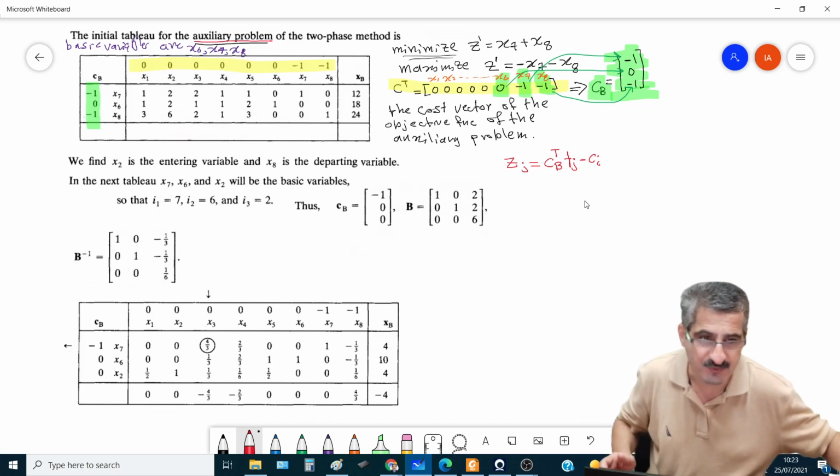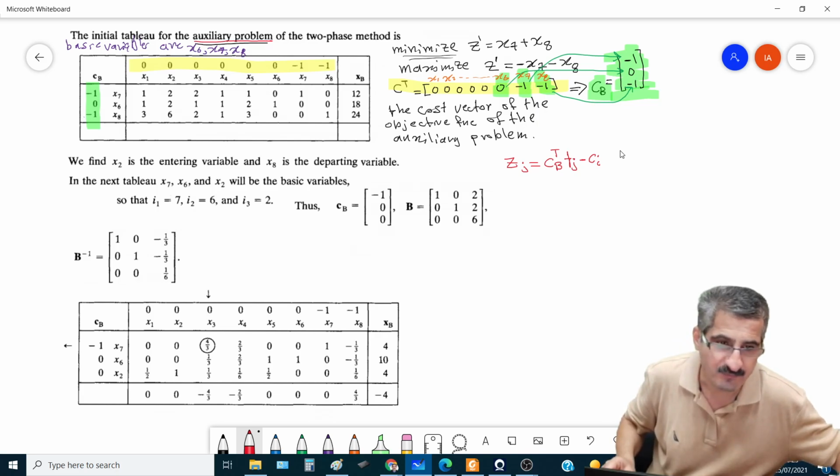So let's go. z1 gives us the following. z1 equals CB transpose, it is -1, 0, -1. We have done such a thing before. T1, which is 1, 1, 3, minus C1, which is 0.